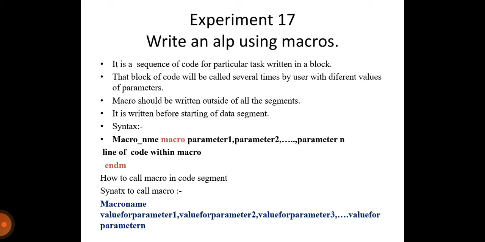Just write the macro name, suppose macro 1, macro 2, macro 3, and pass values for the parameters. Suppose you write 3 parameters in the definition, then you need to pass 3 values for those parameters when you call that macro. Macro name, space, value for parameter 1, value for parameter 2, value for parameter 3, and the separator between the parameters is a comma.